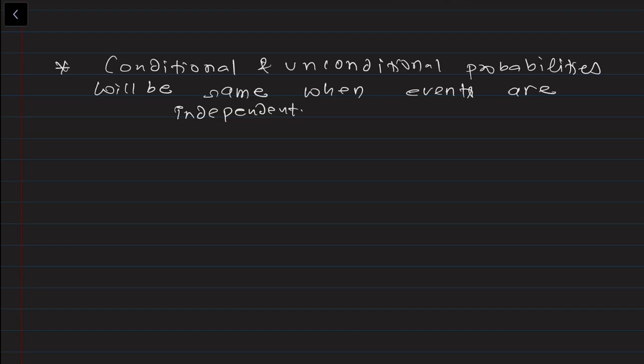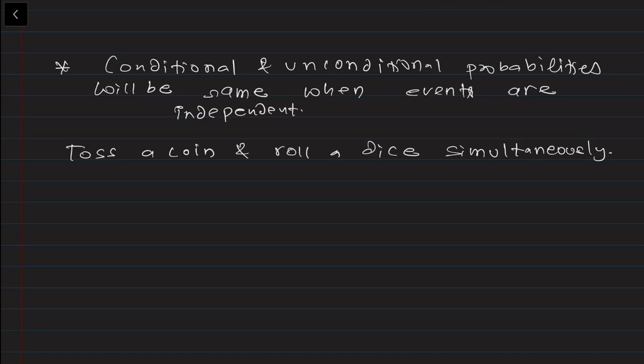Now let's do one last example and then we'll end this video. So suppose you toss a coin and roll a dice simultaneously, at the same time. So what would be the sample space?